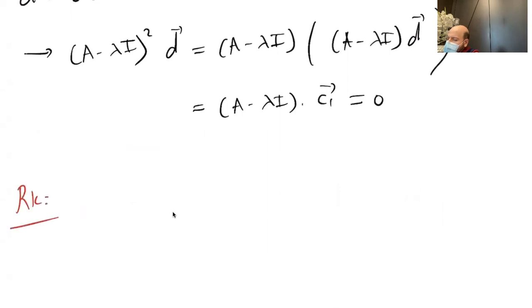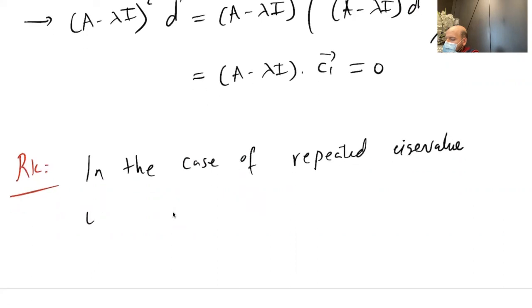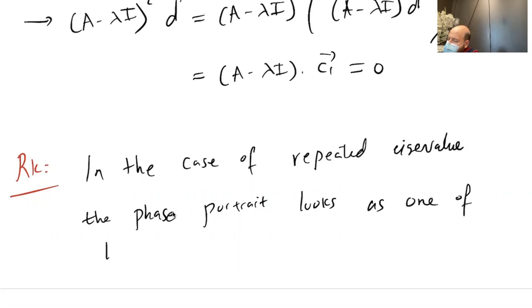In the case of a repeated eigenvalue, the phase portrait looks like one of the following forms.